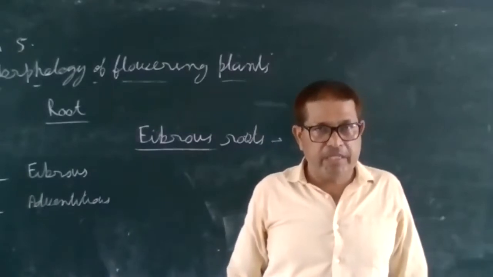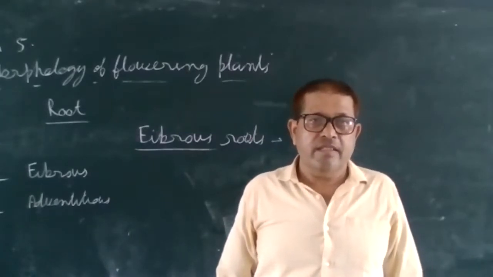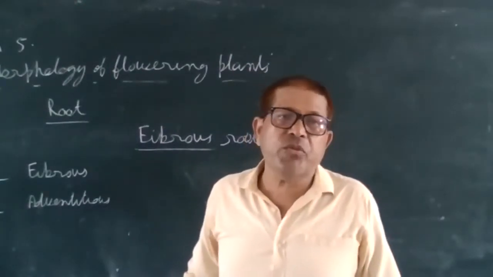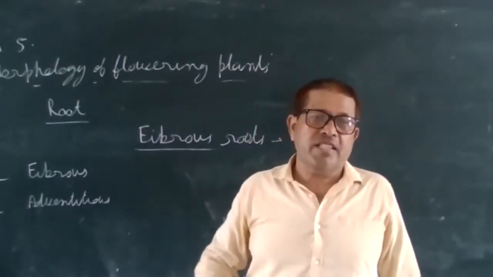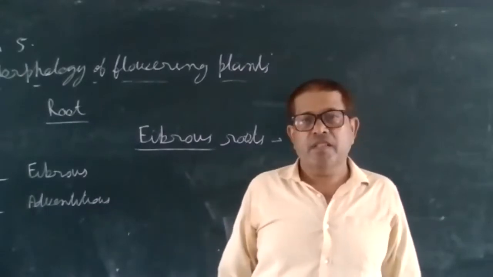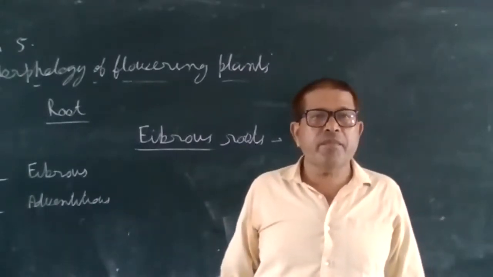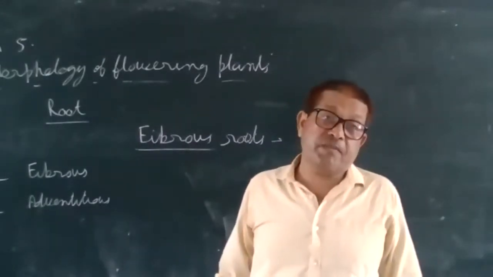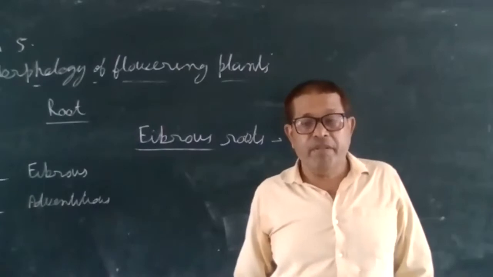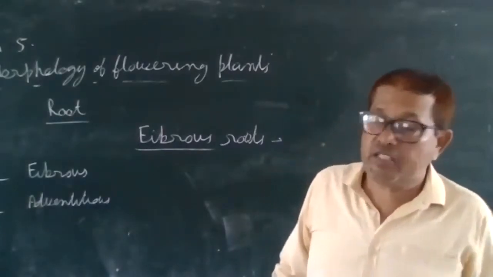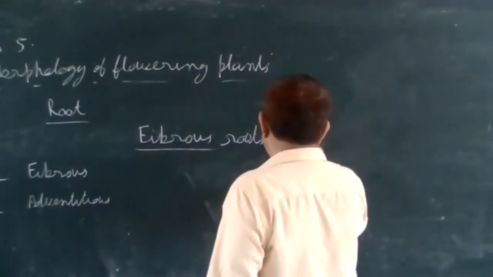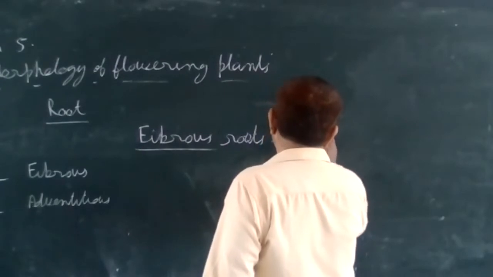In monocot plants, the primary roots are short-lived and are replaced by the fibrous roots. These are replaced by the fibrous roots, as in the case of wheat.